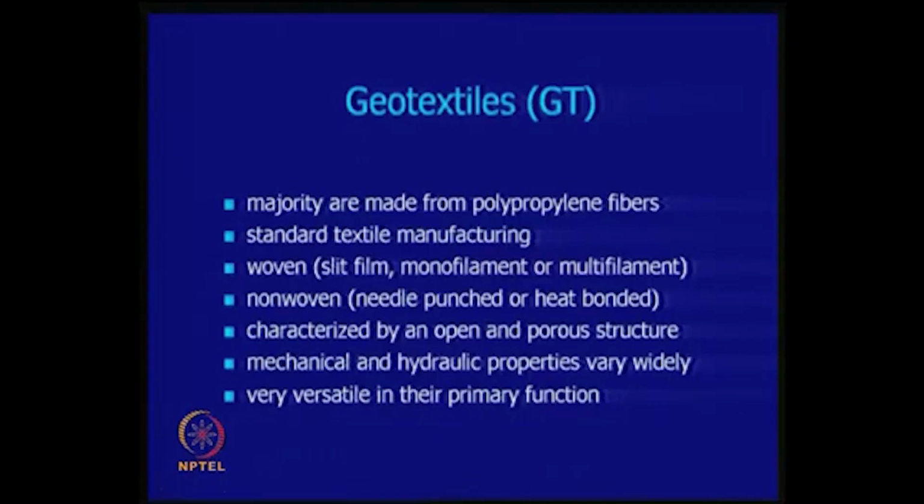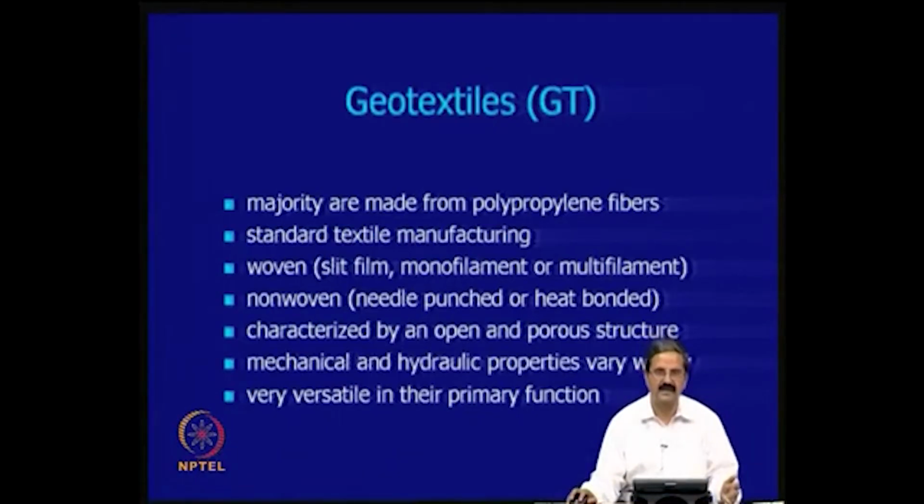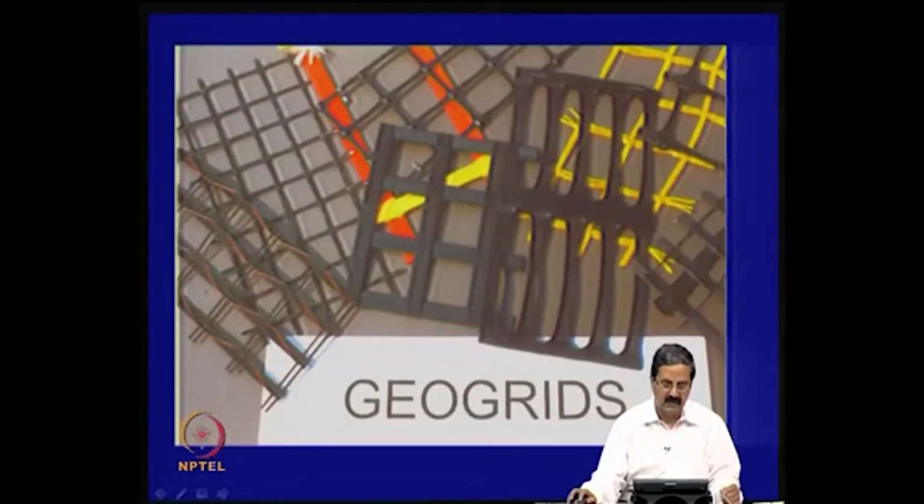For example, if I want to increase the bearing capacity from 7 ton per meter square to 20 ton per meter square, I can use geogrids, and I can choose the quality of the geogrids to improve that bearing capacity. Permeability is the same thing. They are very versatile in their primary function, and very effective. So, these are called geogrids. Like geotextiles, the difference is that it is a textile member.